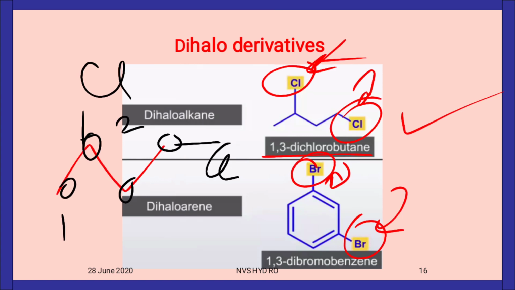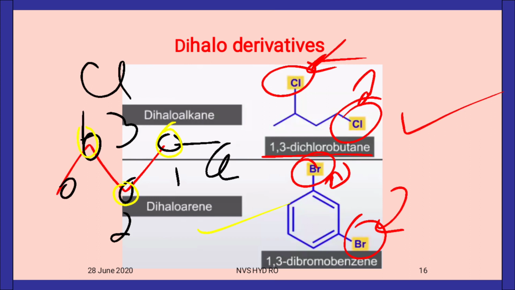If you name it, it would be 1, 2 and 3. This would be the first position, this would be second, third. So in the first and third positions there is the substitution, so dichlorobutane, hence you write this name.